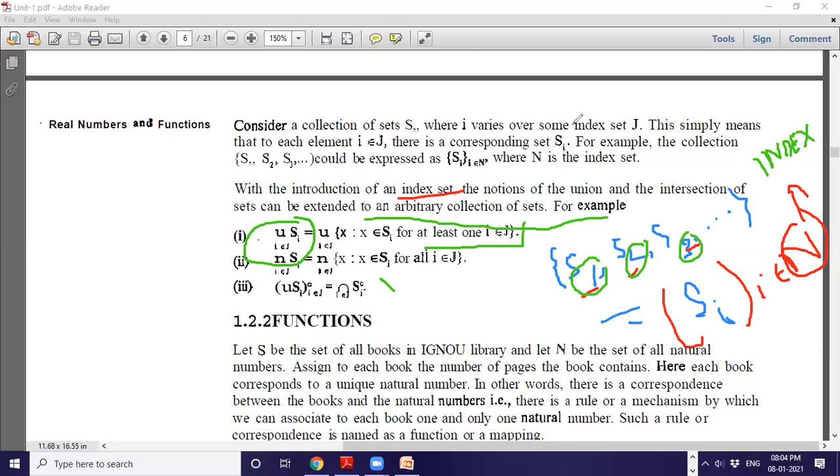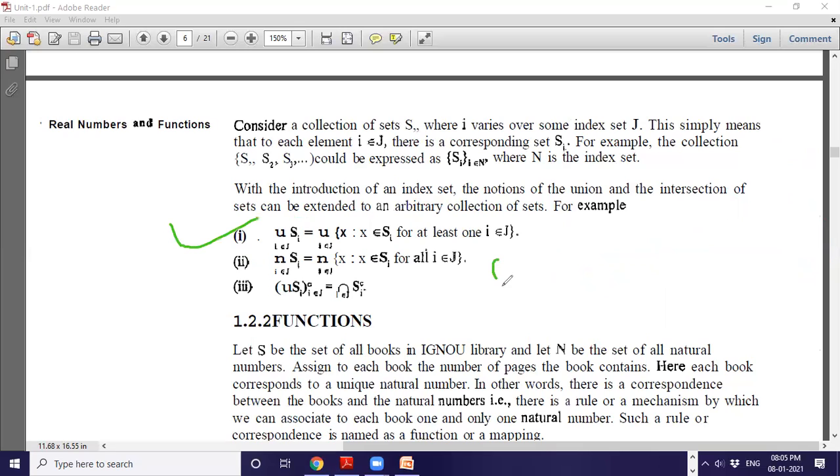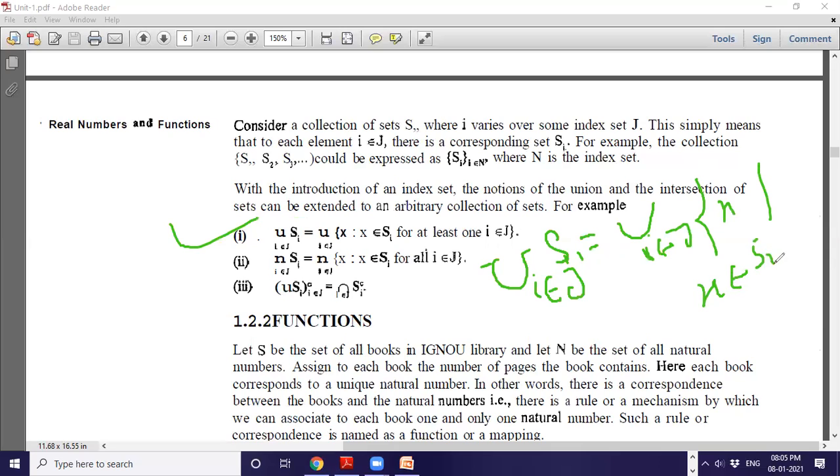Let's take the first one. I'm considering this one, S_i. Then I can write this as what? Union over i belongs to J of the X such that X belongs to S_i for at least one i, I belongs to J. ऐसे लिख सकता हूँ?